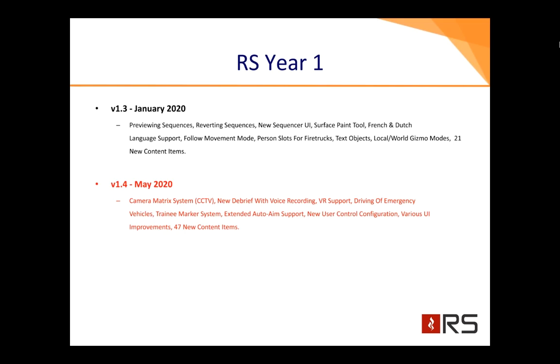So this was something which is quite key in some large-scale incidents where you want multiple trainees to basically look at the incident from different vantage points and communicate with each other to form a more cohesive operational picture. So the vehicles really open that up. We have things like auto-aiming, which is something that's been requested a lot.